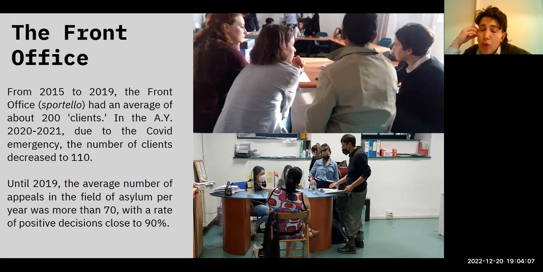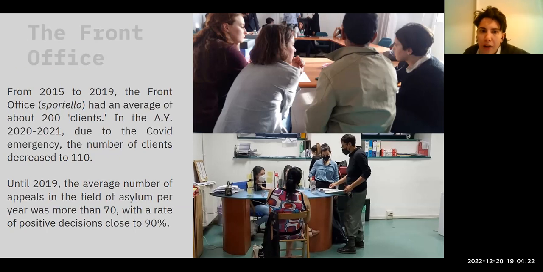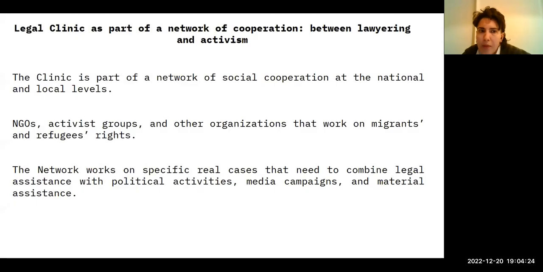And usually we have more or less 200 clients or migrants that ask legal consultation from us, and in 10 years we became a really well-known reality that works in this field in Rome.